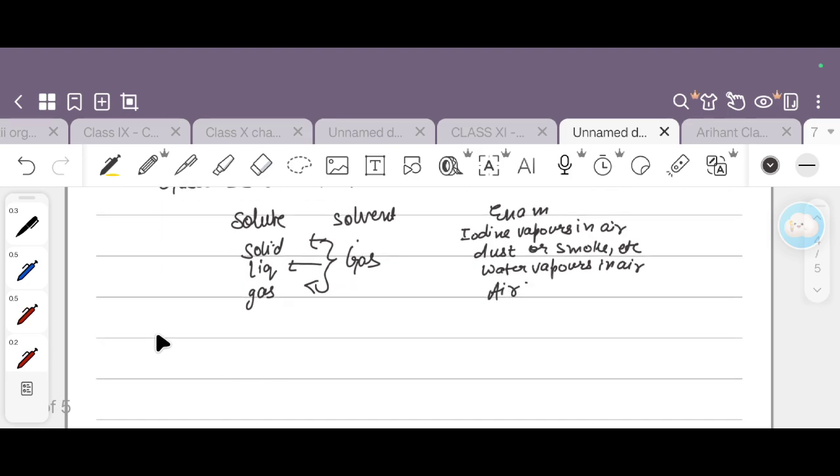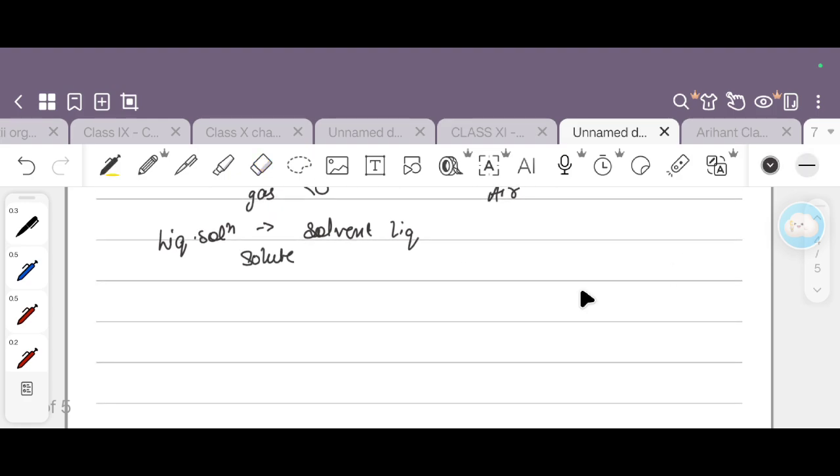Second type of solution is liquid solution, in which the solvent is liquid but the solute can be anything: solid, liquid or gas.